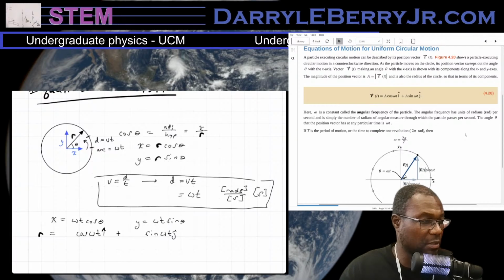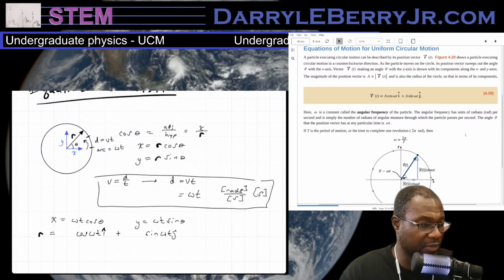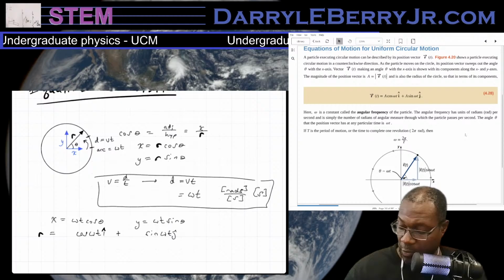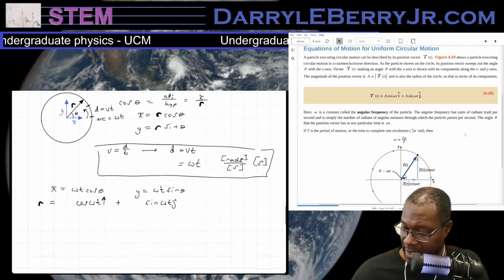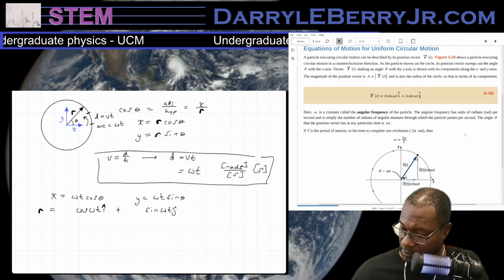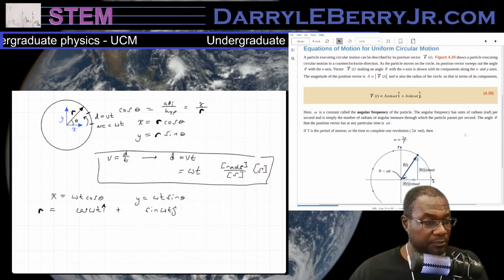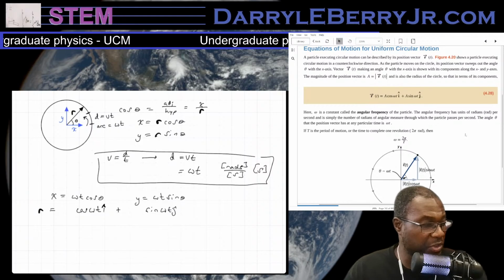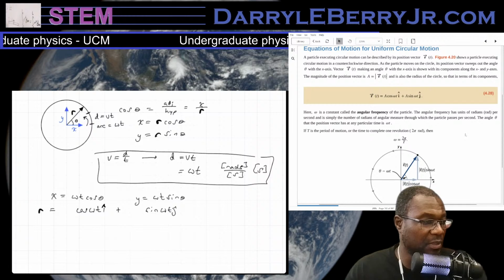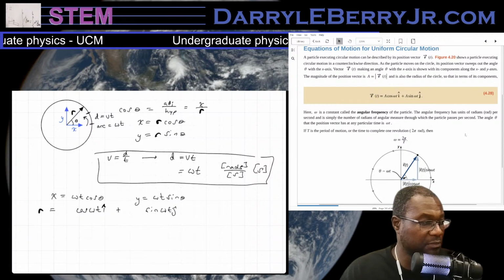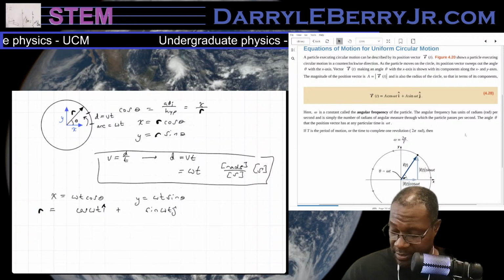Here, omega is a constant called the angular frequency of the particle. Angular frequency has units of radians per second and is simply the number of radians of angle measure through which the particle passes per second. Right, so we do have that, radians per second. The angle theta that the position vector has at any particular time is omega t, which makes sense.